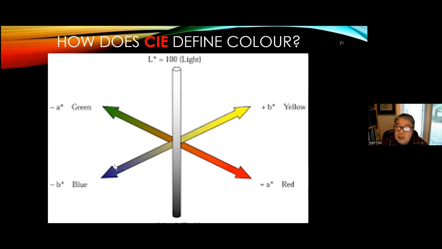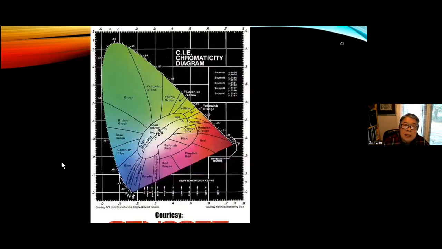Now, all of a sudden, we could define color by using three numbers. So this is the CIE chromaticity diagram. This is not supposed to be two-dimensional. This is supposed to be a three-dimensional animal. Imagine that you're in a room and this animal is standing in front of you. Again, the light-dark axis.